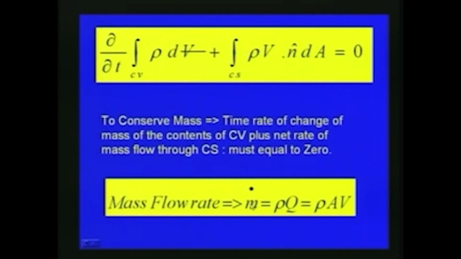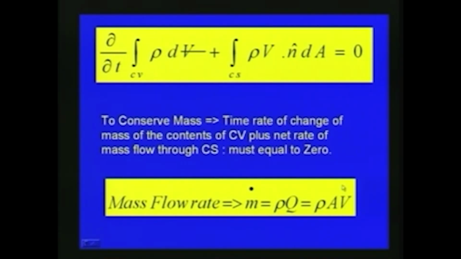So, the time rate of change of the mass of the contents of the control volume plus the net rate of mass flow through the control surface must be equal to 0. From this, the mass flow rate is equal to rho into Q. If V is the velocity and A is the area of cross section, this is equal to rho into A into V, where rho is the density of the fluid.